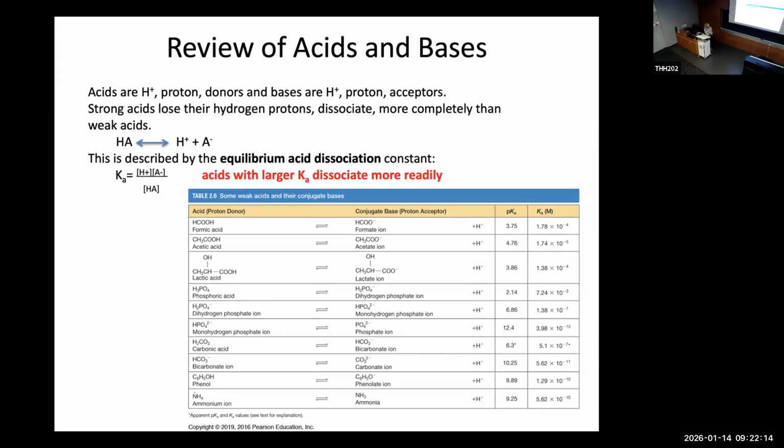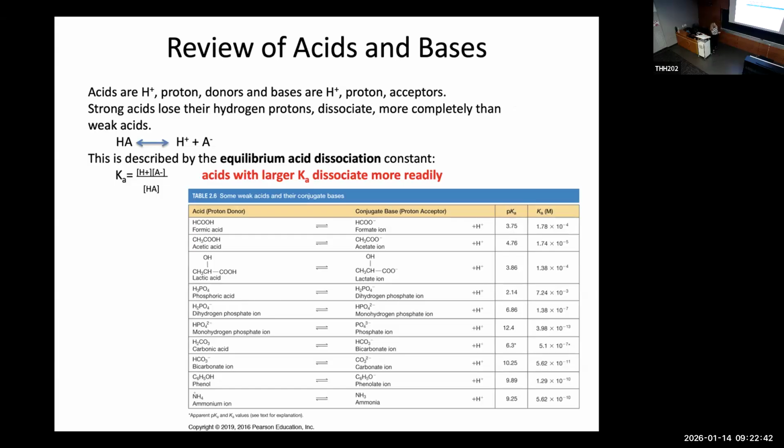So if you're looking at this chart, what is the so-called strongest acid? The acid with the largest Ka value tends to dissociate more frequently. Yeah. Phosphoric.